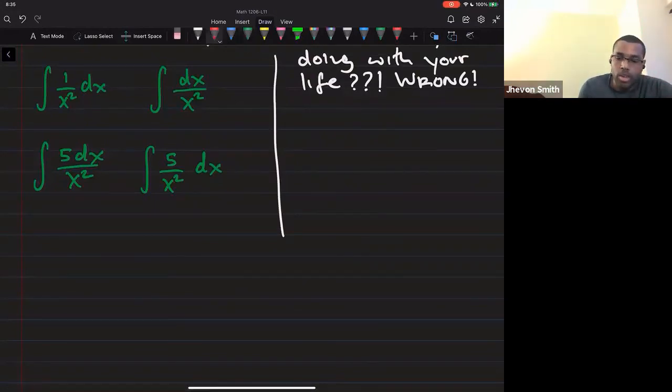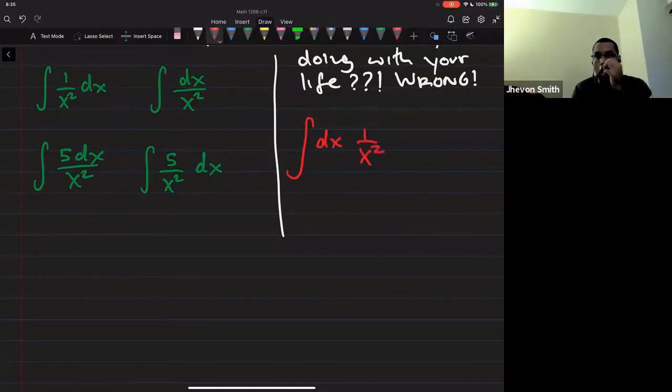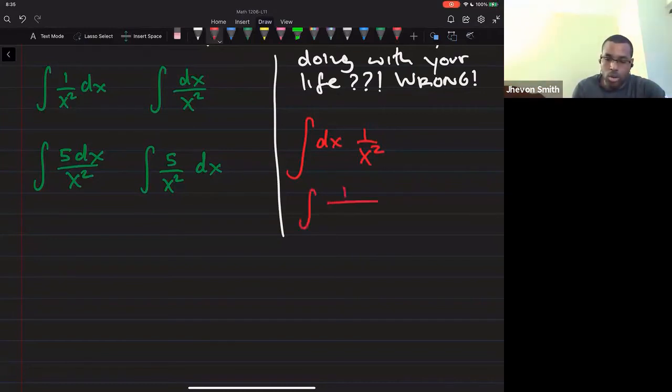But then if I write dx and then write 1 over x squared, like what are you talking about? The dx should be to the right or above, top right all the time. That doesn't make sense. Or if you have 1 over x squared and the dx is in the bottom, what are you doing? You can't have that, right?